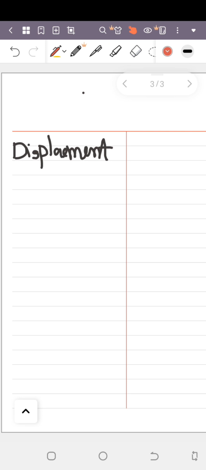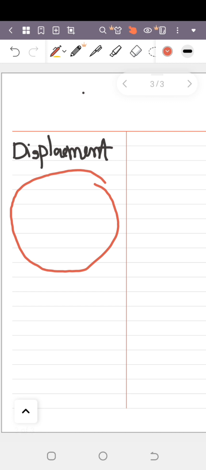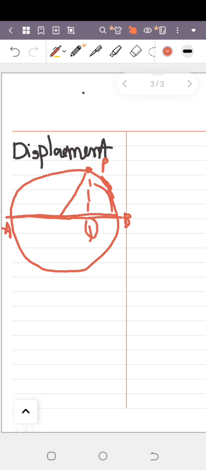Suppose here I have a circle. Here I have this shadow line which is SHM, which we denote as the diameter of the circle, with point A and point B. With that, here I have point P which is moving in a circle. And the shadow of point P on the diameter is Q. Q is the shadow.